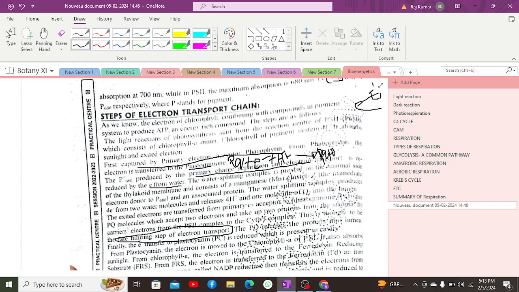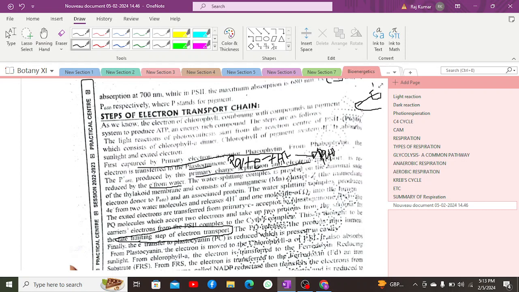If there is, then instead of non-cyclic photophosphorylation, cyclic photophosphorylation would occur in order to yield more ATP, because cyclic photophosphorylation produces only ATP, whereas non-cyclic photophosphorylation, which we are studying right now, yields ATP as well as NADPH and oxygen. So this rate limiting step tells us whether to perform non-cyclic or cyclic photophosphorylation.